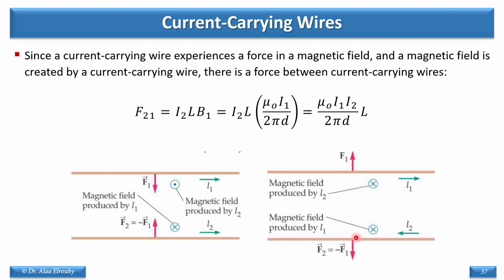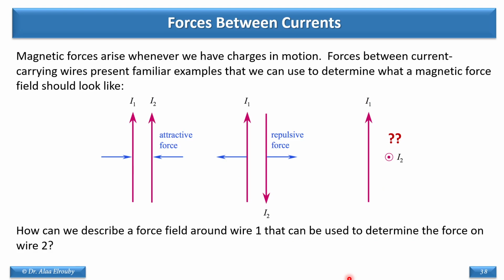F21 will go out also, so they are repelling from one another. So when they are in the same direction, we have an attractive force. When they are in opposite directions, we have a repulsive force.